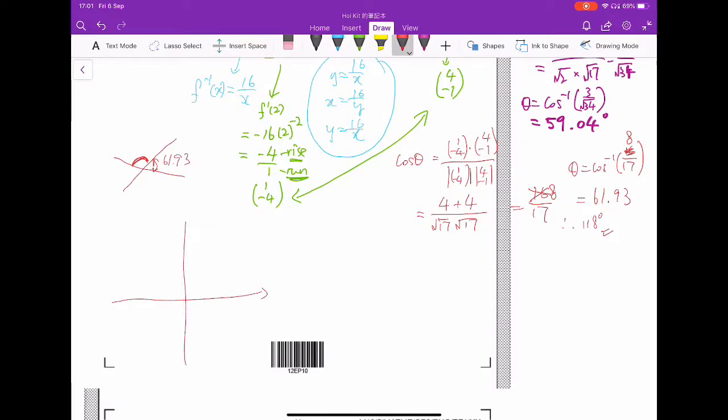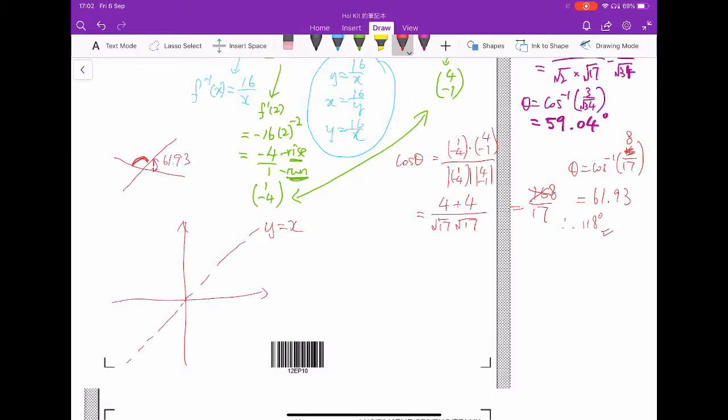If you really want to come down to this, how do you find the graph of an inverse function? You would reflect your graph along the line y equal to x. So for a self-inverse function, the graph of the function would stay the same after you reflect it along y equal to x.